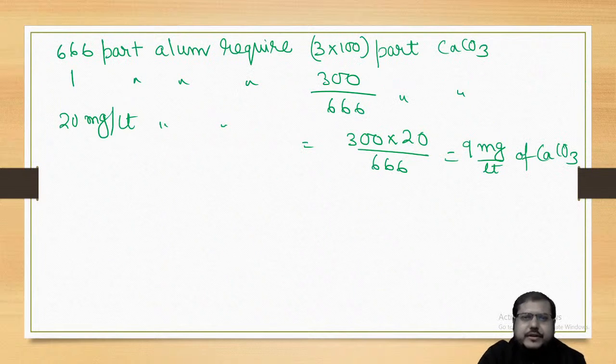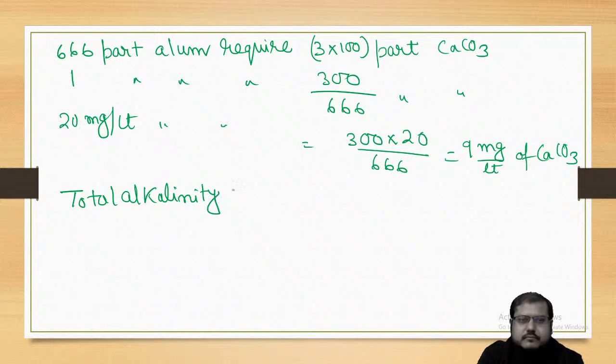So eventually what we need to do, total alkalinity required, nine milligram per liter.